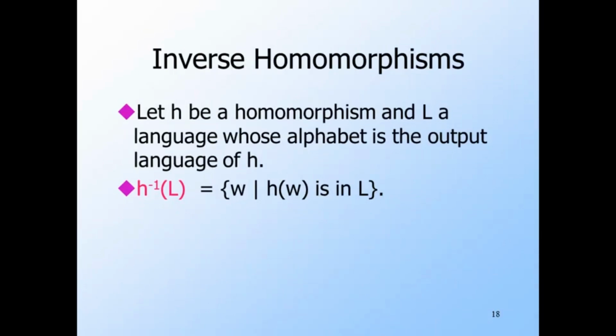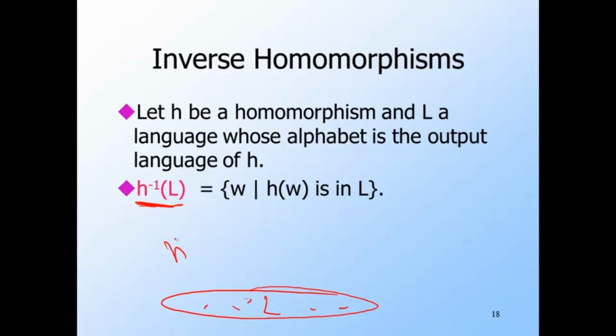We denote inverse homomorphisms by a superscript -1. That's this notation here. The result of applying the inverse of a homomorphism H to a language L is the set of strings W, such that when you apply H in the forward direction to W, you get a string in L. So here is the language L. These are all the strings in the language L. Okay.